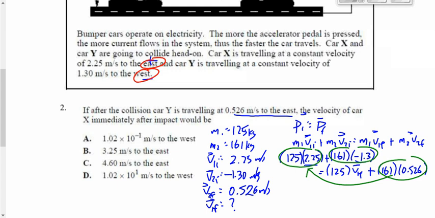And then divide by 125. And when you do that, you should get, lightning fast calculation here, negative 0.102 meters per second, which is 1.02 times 10 to the negative 1 to the west.